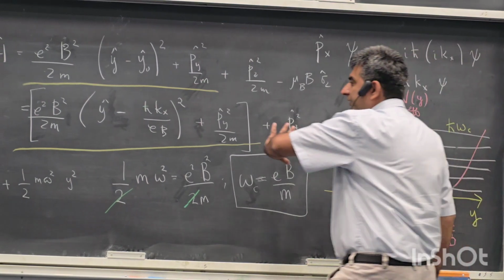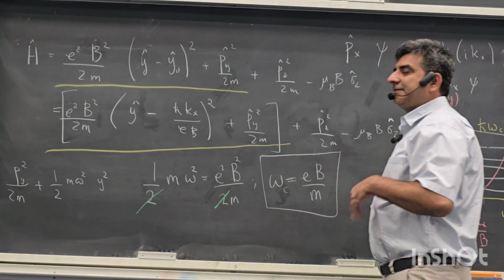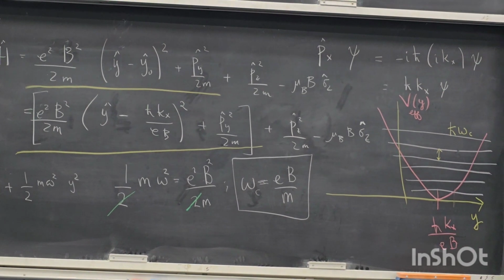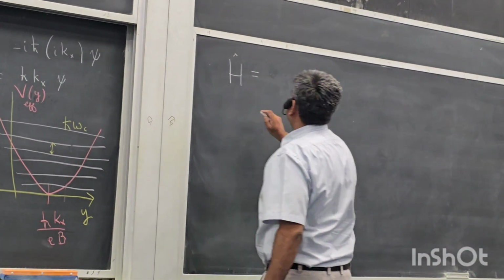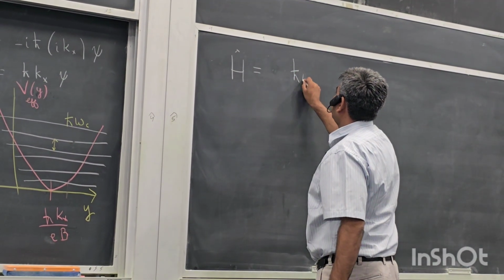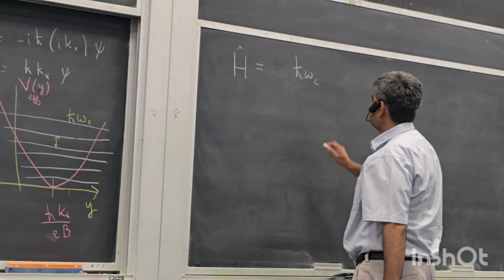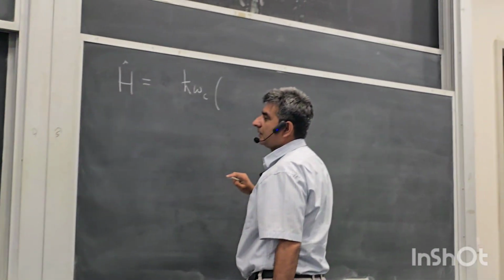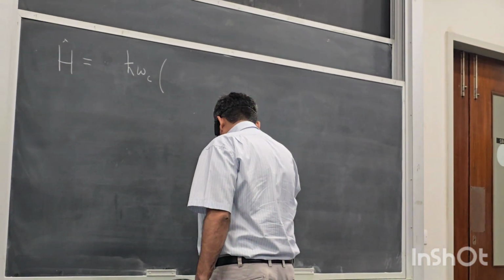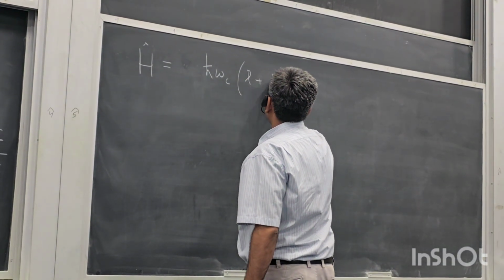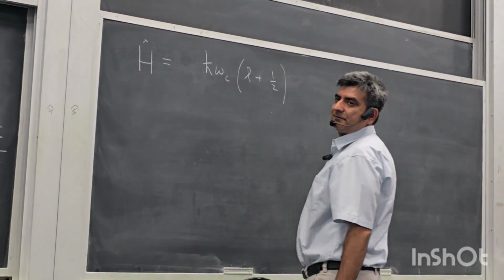And this Hamiltonian itself can be written in this form. H is h bar omega c, L plus half, correct?